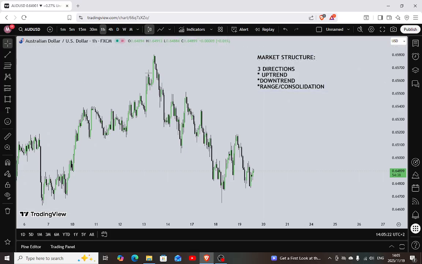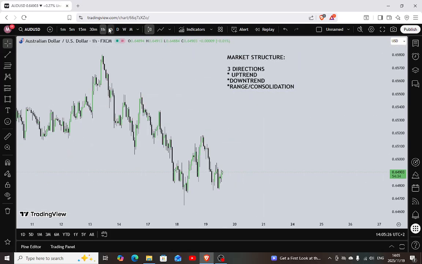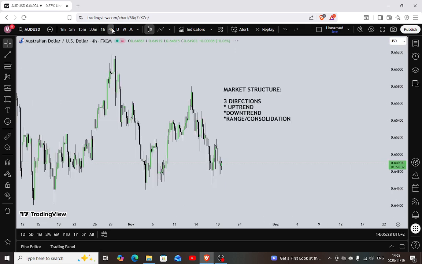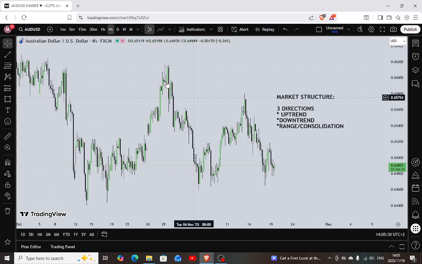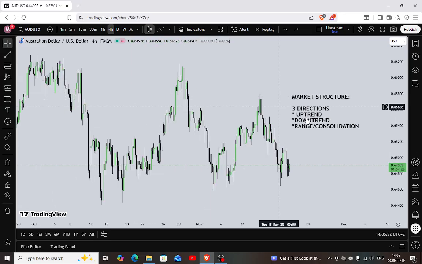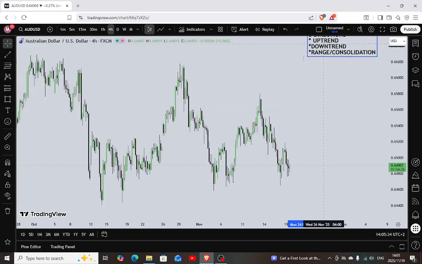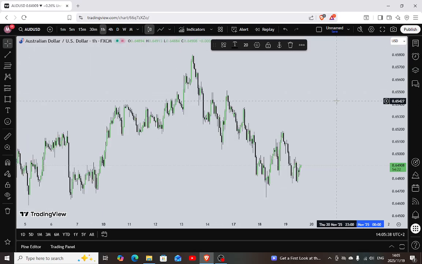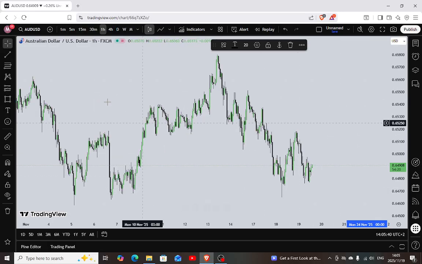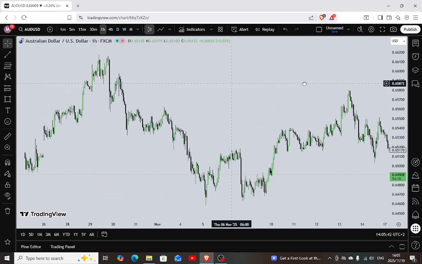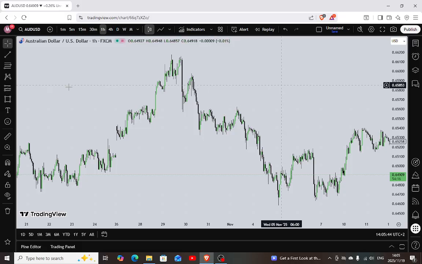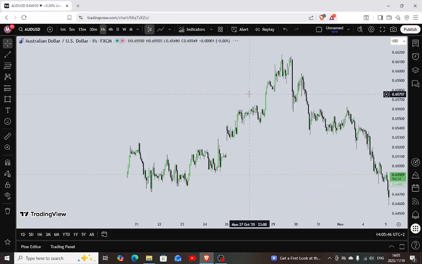So let's try to identify the first one. Let's go to a higher time frame first. I don't know which one will give us a clear one. Okay, we'll definitely use this chart right here, AUD USD.